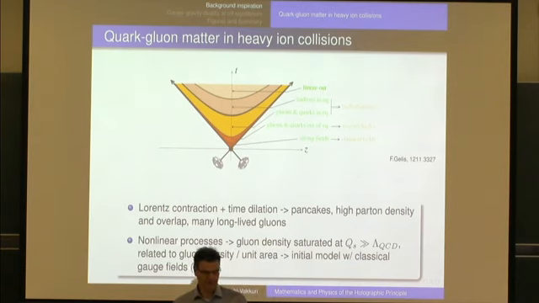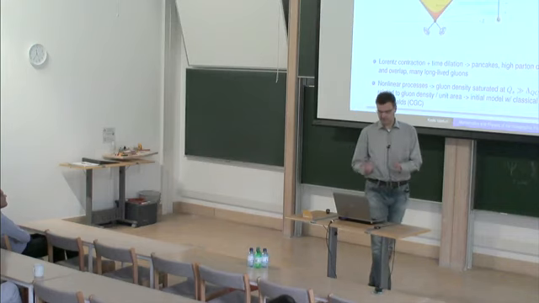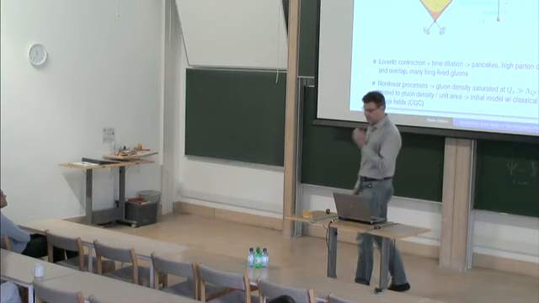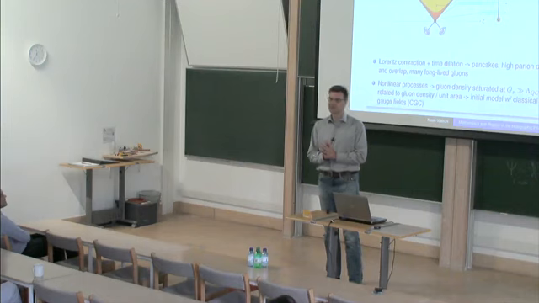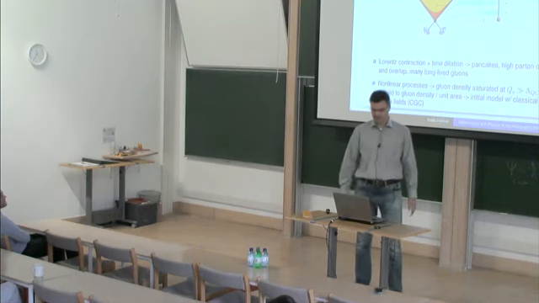In these collisions of nuclei, kinematics plays an important role. First of all, there's Lorentz contraction, so that the nuclei are contracted into thin pancakes, as you know. And also, there's a very high parton density, and the parton wave functions overlap significantly.